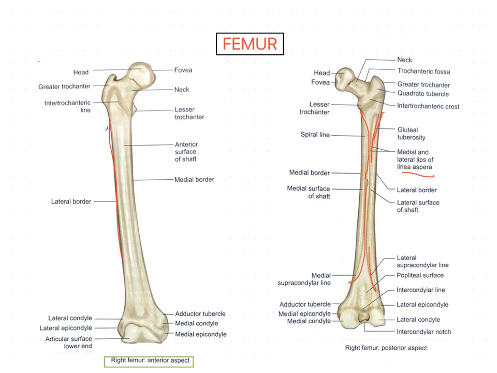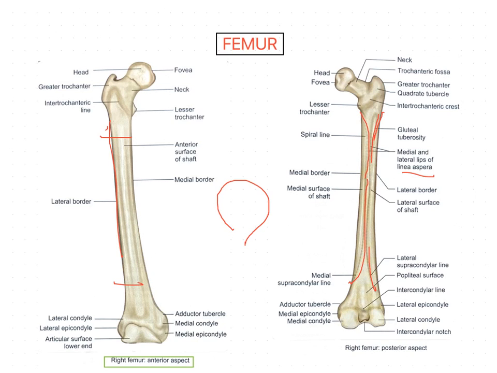Now we will see the surfaces. Normally it has four surfaces at the upper and lower thirds, but at the middle it has only three.